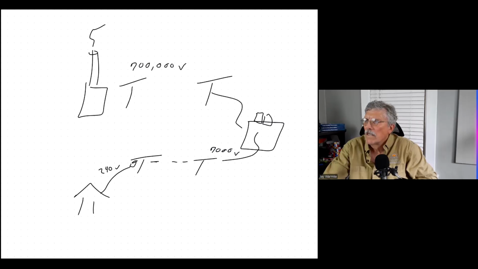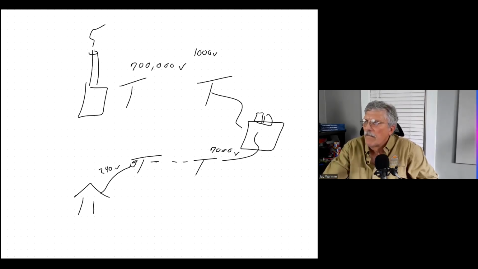Because this might travel for 100 miles, and if it's losing, let's say, 10 volts for every mile, well, it just lost 1,000 volts, but 1,000 out of 700,000 is not that material. And then these distances are shorter.